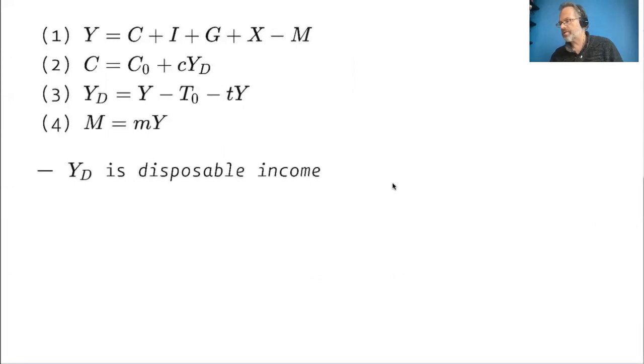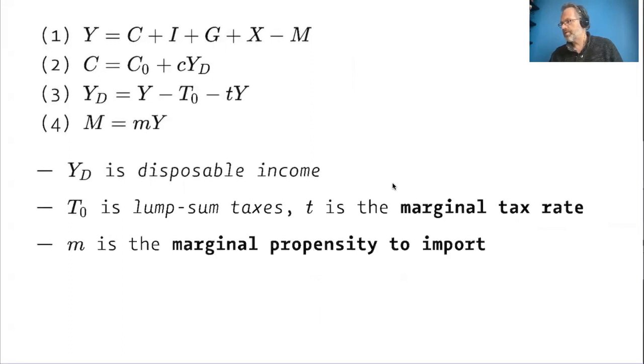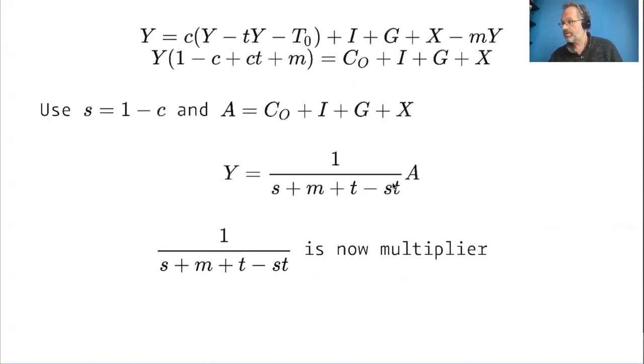So we've got our disposable income, which is YD there, our lump sum tax and marginal tax rate, marginal propensity to import, that little m, and then big M again is total imports. And so now we can write a slightly more complicated equation, but one that works a little better for our purposes here.